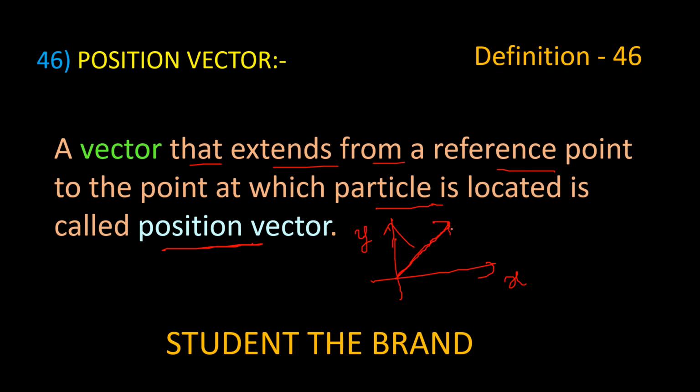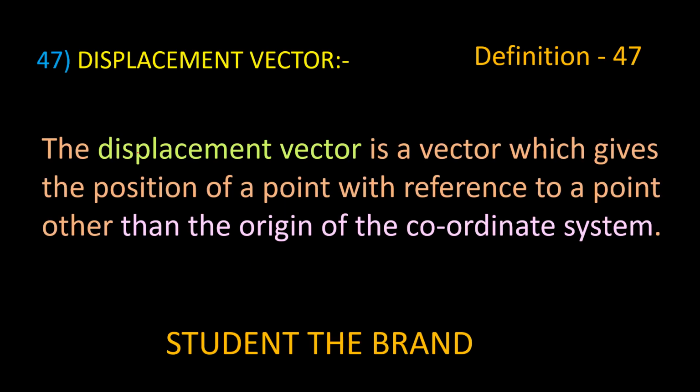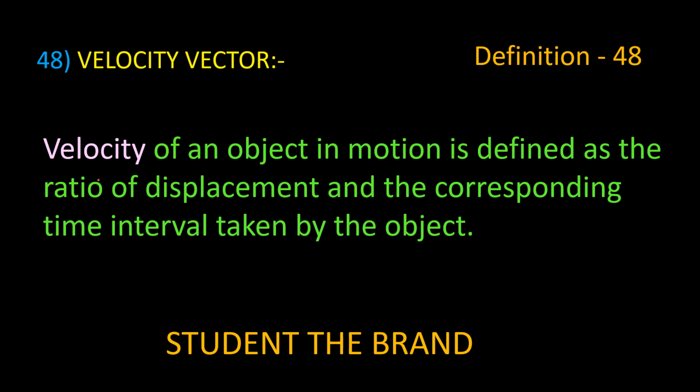Position vector extends from a reference point to the point at which the particle is located. Displacement vector. The displacement vector is a vector which gives the position of a point with respect to a point other than the origin of the coordinate system. Velocity vector.